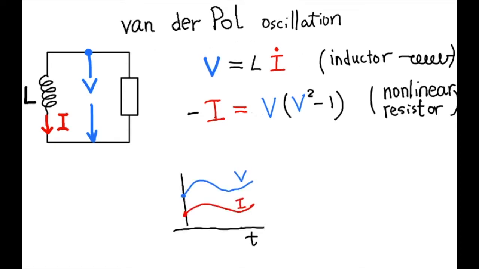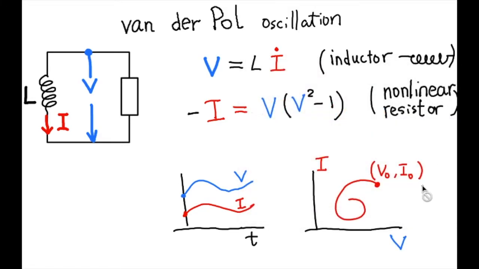What I will do next is show you the graph of V and I with respect to time t. And I will also show you the graph in the phase space, where the x and y coordinates represent voltage and current respectively.